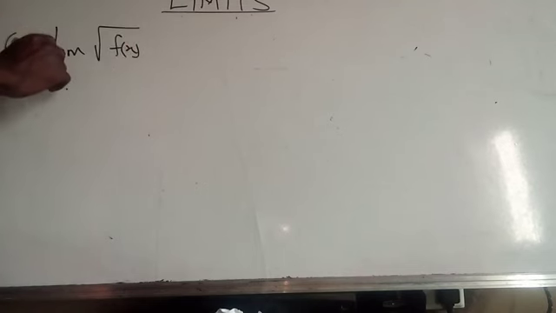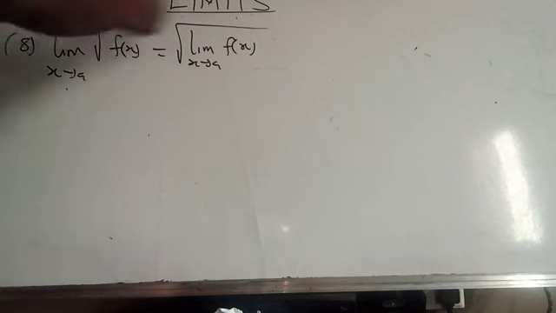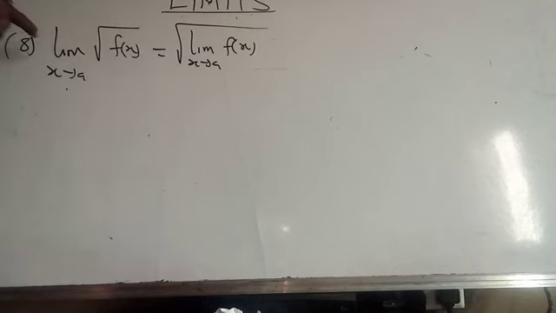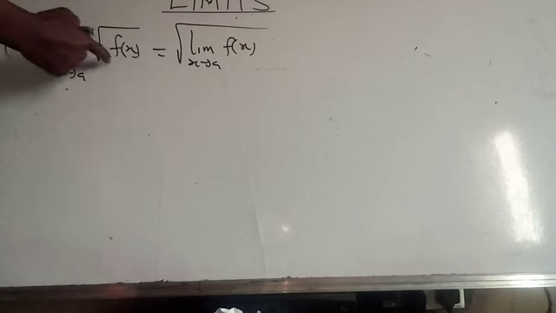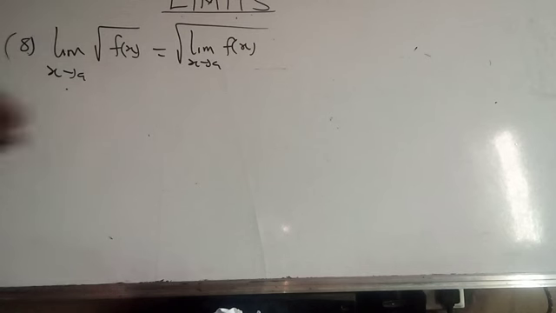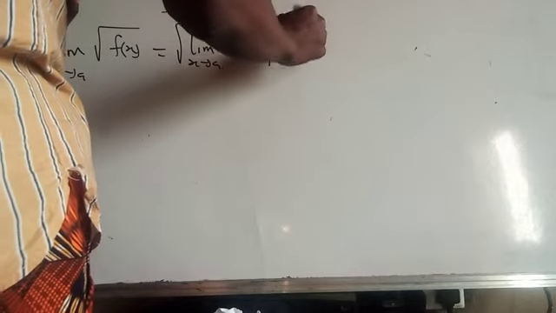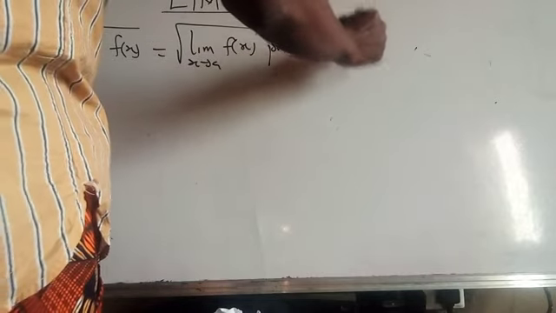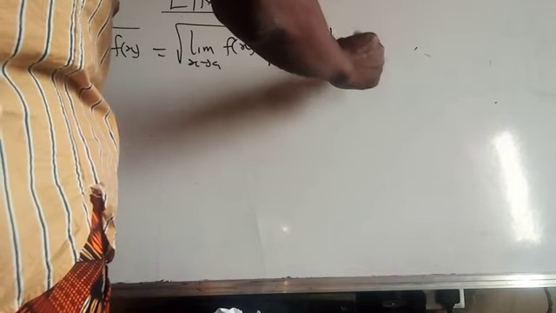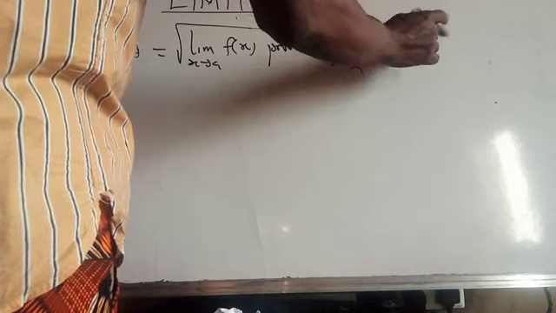Now the last one, before we go to the next stage of solving problems concerning limits. Number 8: the limit of the square root of f of x as x tends to a. You can have it as the square root of the limit of f of x as x tends to a, provided the limit of f of x as x tends to a is greater than or equal to 0.